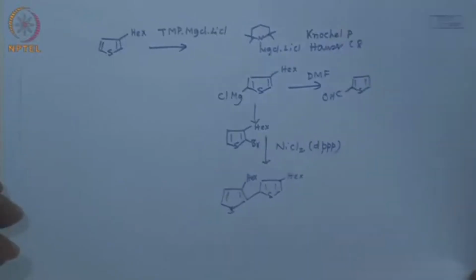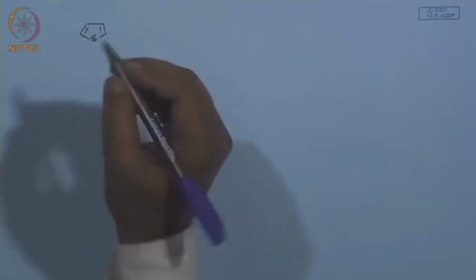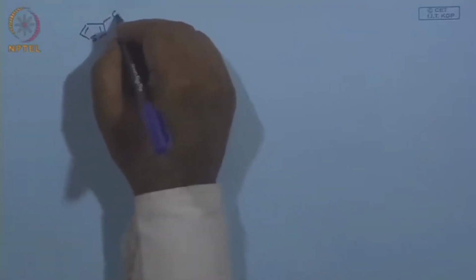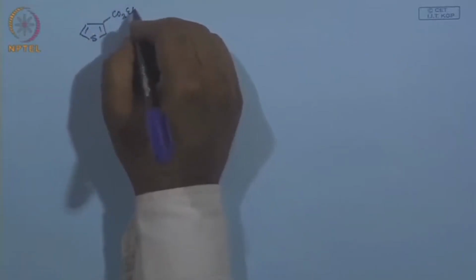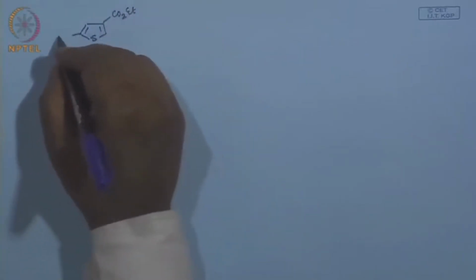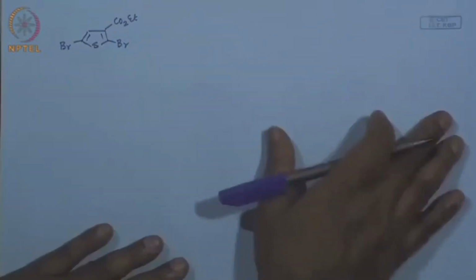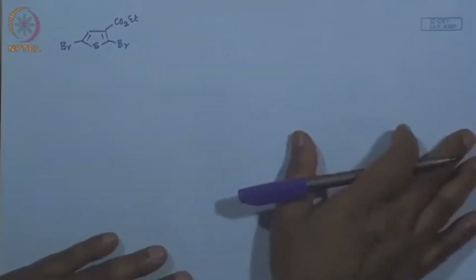So, what else? One or two more maybe, I think I will just skip some of the examples. They are typically the extension of what we have talked about. Now, this is an example which gives you a lot of lessons actually. Lessons here, the starting material is a thiophene again.